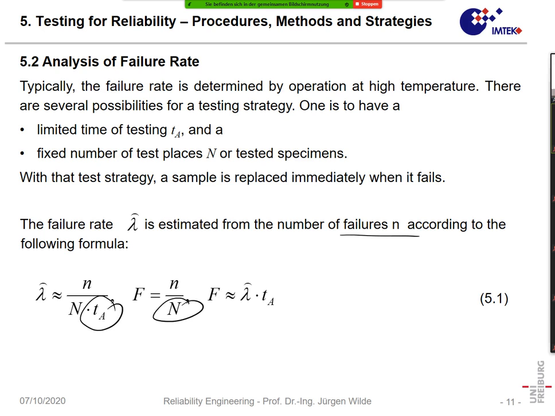But here we can say that n times Ta is the test effort. So you can test them simultaneously, you can test them after each other. In the end, that's the most simple description of test effort. You can have different test strategies, and then the test effort is computed in a somewhat different way. Okay, here that's the estimator.